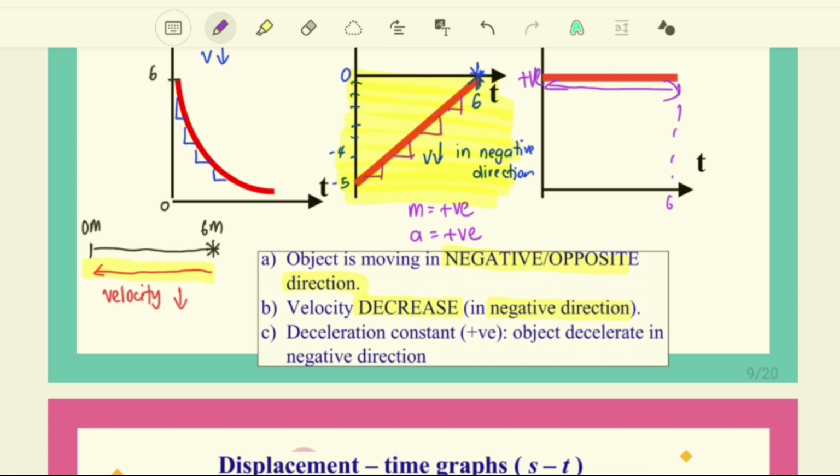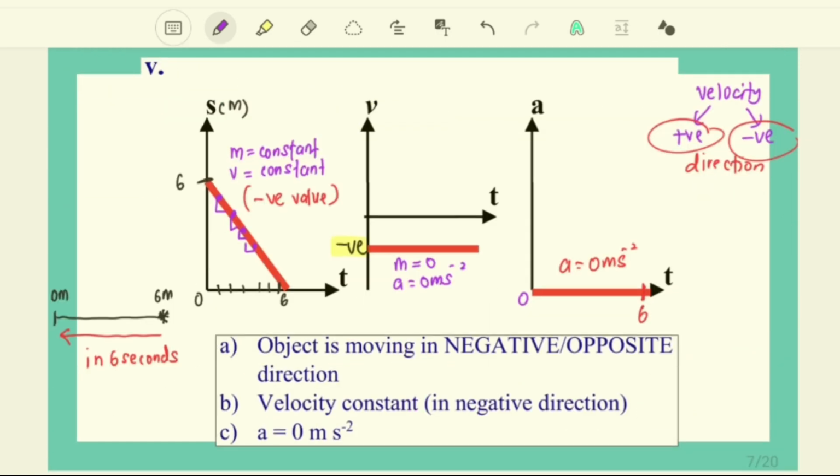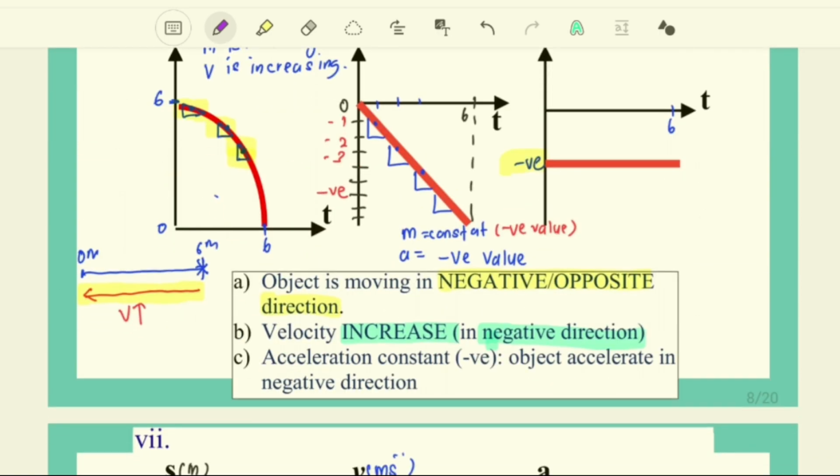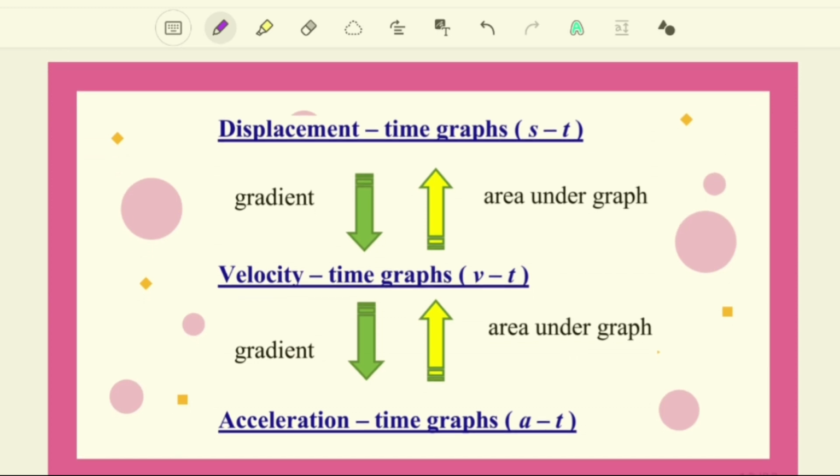Okay. So now, oops, sorry. Okay, now, so look at here. Okay, the summary. If we have graph S against T graph, gradient dia akan bagi you velocity.